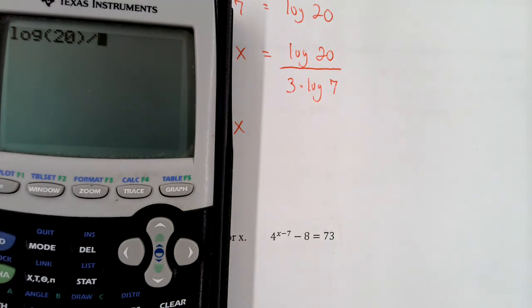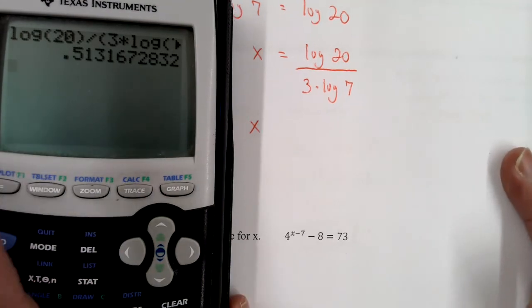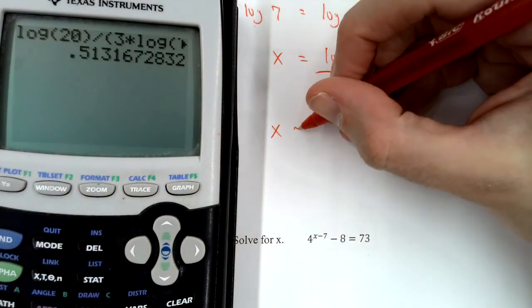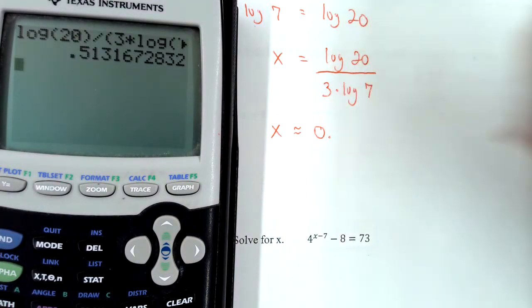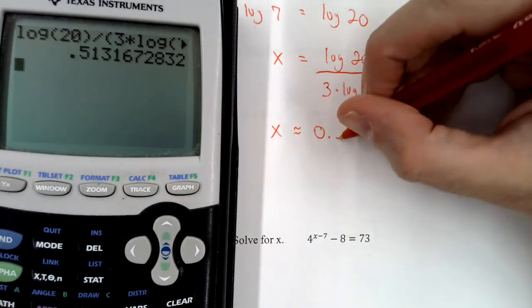So I'm going to put 3 times log of 7 in its own parentheses. 3 times log 7, close the parentheses twice, and that's your answer. I'll say x is approximately 0.513.